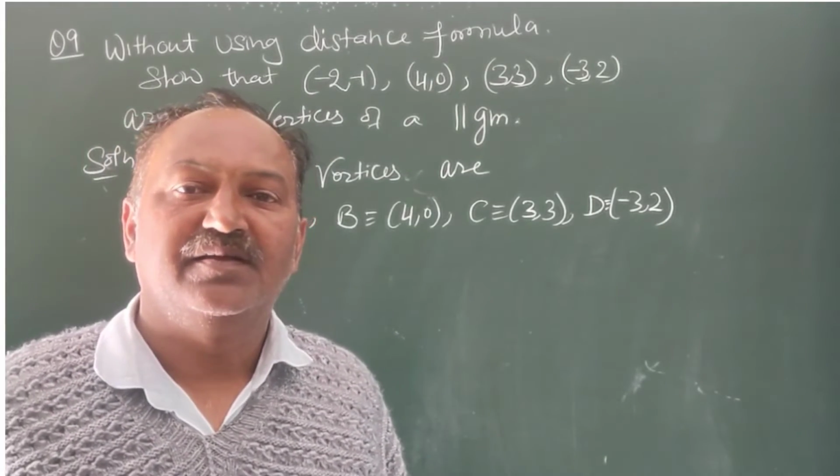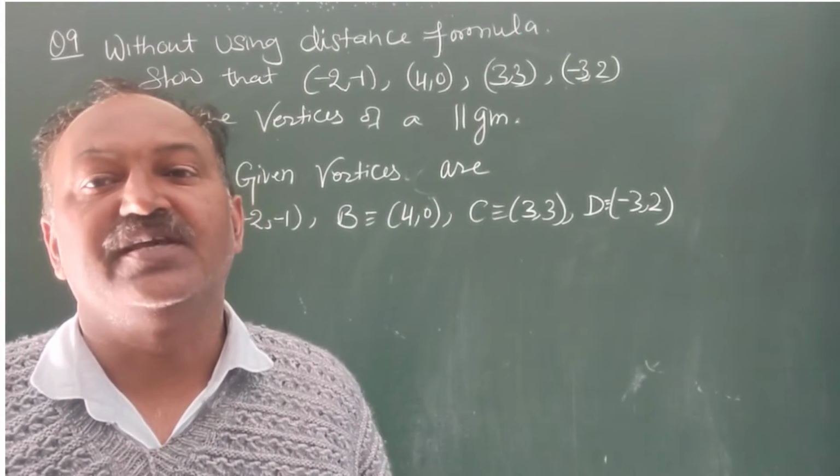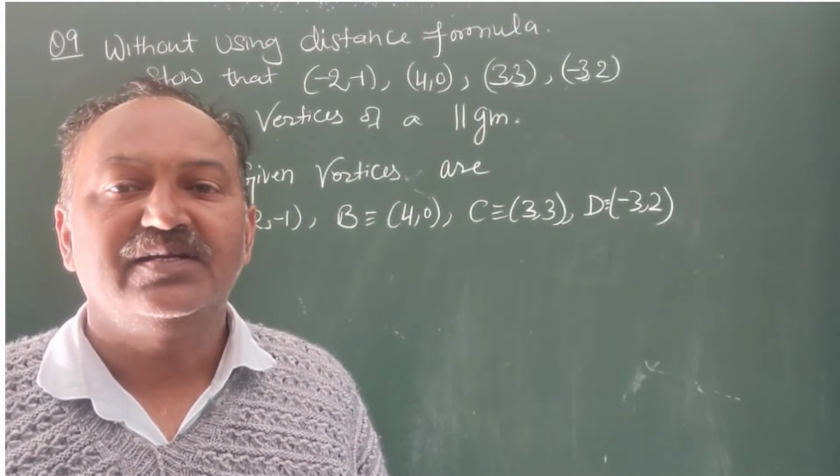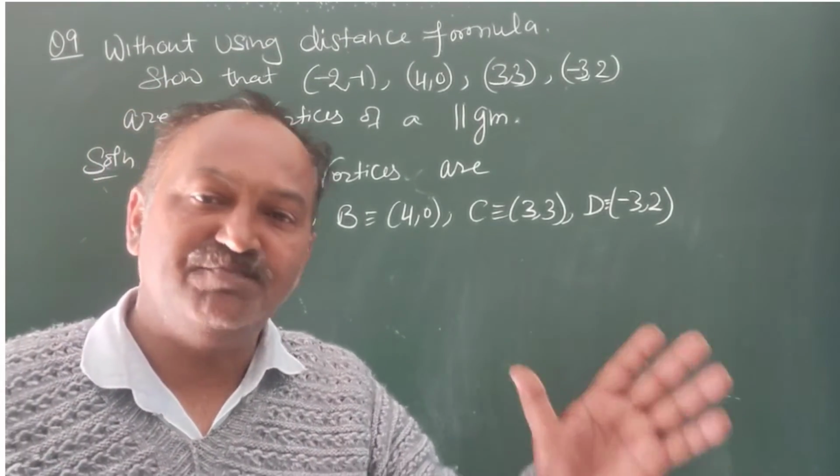And midpoints of the diagonals should be the same. Diagonals bisect each other. This is the unique property of the parallelogram.